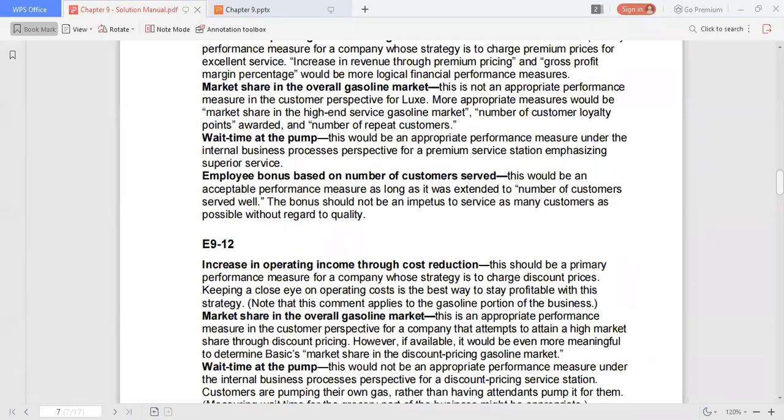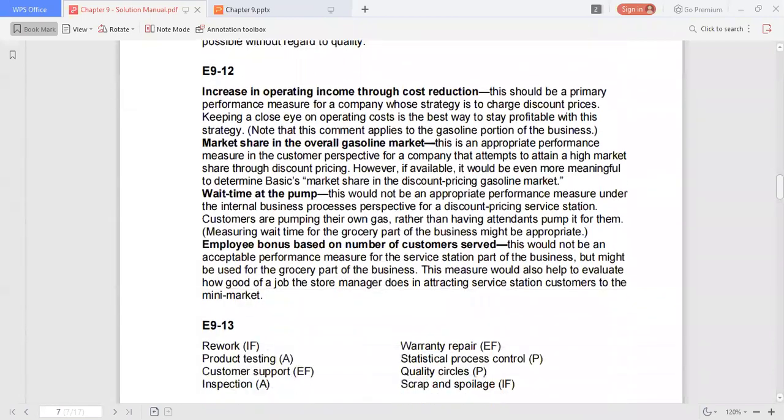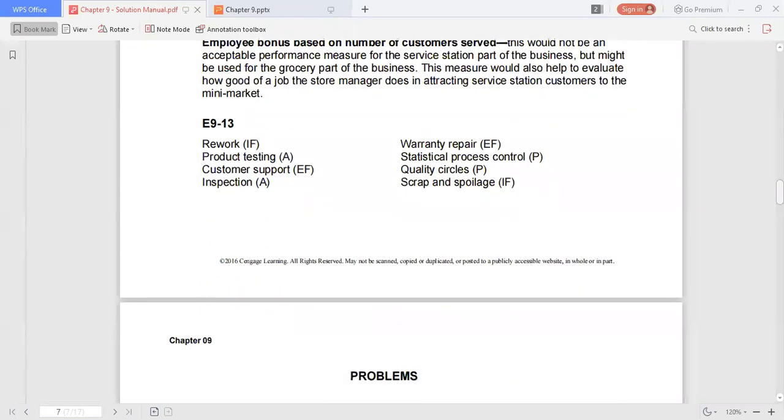Okay, we now go to E9-13, identifying quality cost. Categorize each of the following quality costs as prevention, appraisal, internal failure, or external failure. So we have rework, internal failure. Then product testing is appraisal. Then customer support is external failure.